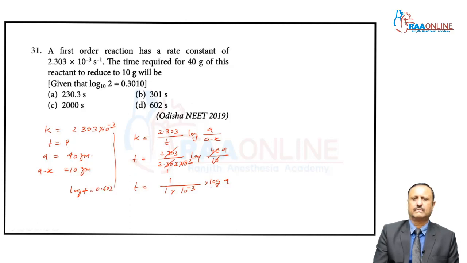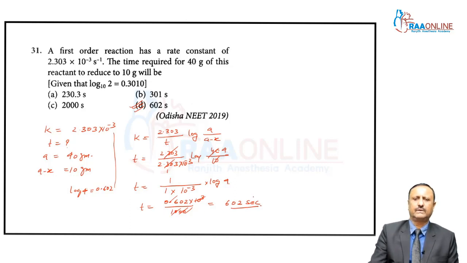So t is equal to 0.602 upon 10 to the minus 3, which means 10 to the power 3. So 0.123 cancels with each other and you get 602 seconds. So my dear students, 602 is the correct answer for this question.